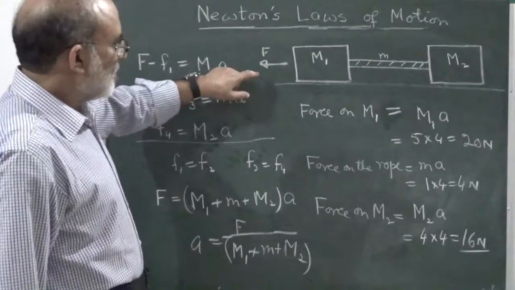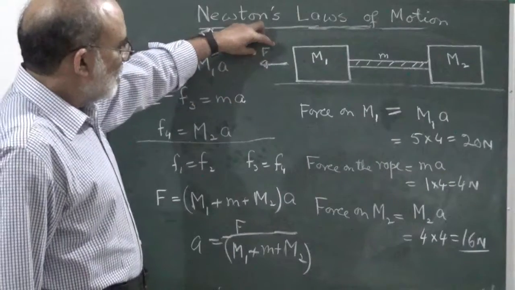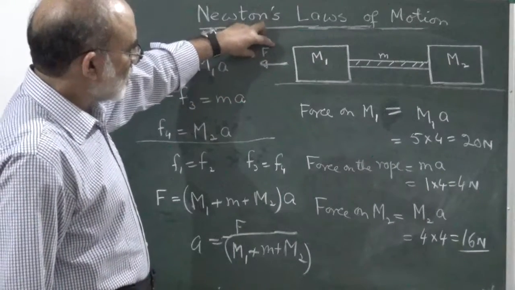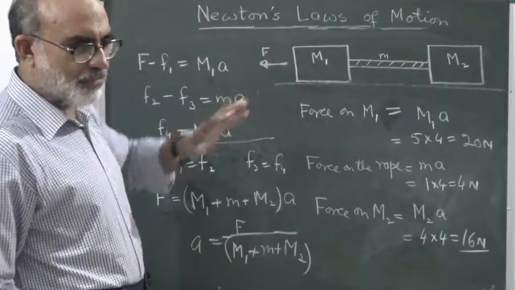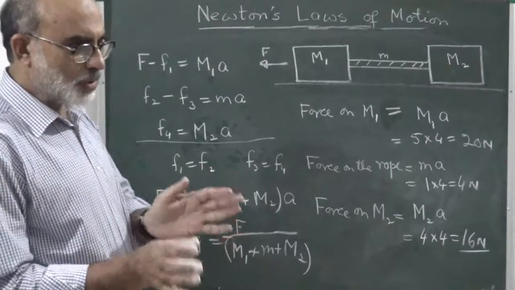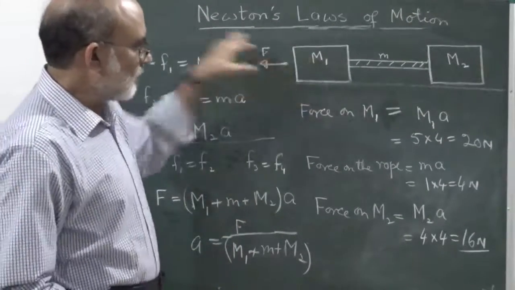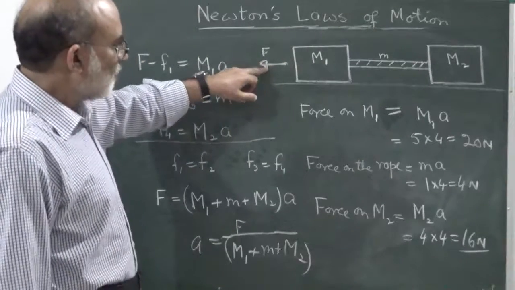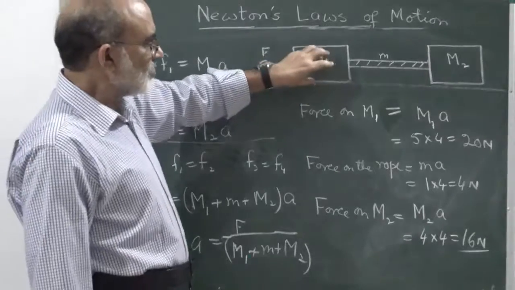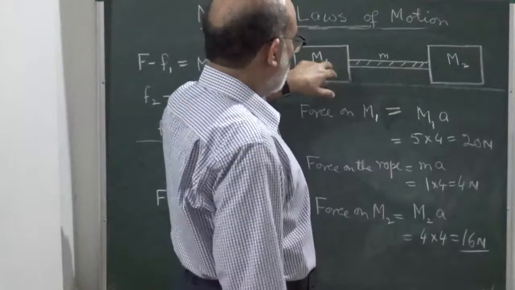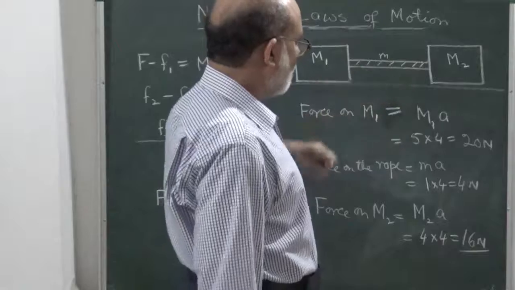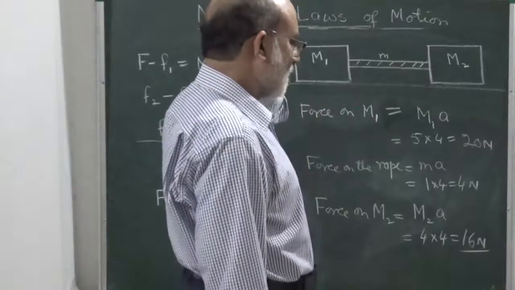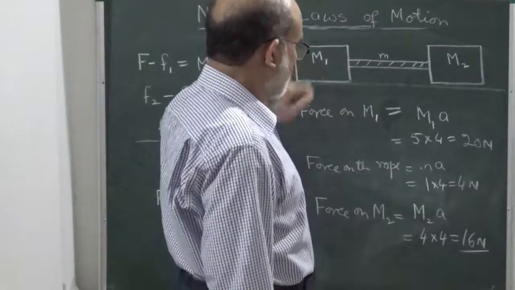Now you have seen that the external force was 40 Newton, and to produce an acceleration of 4 meters per second squared in the system, this 40 Newton is divided among the rope and blocks according to their masses.